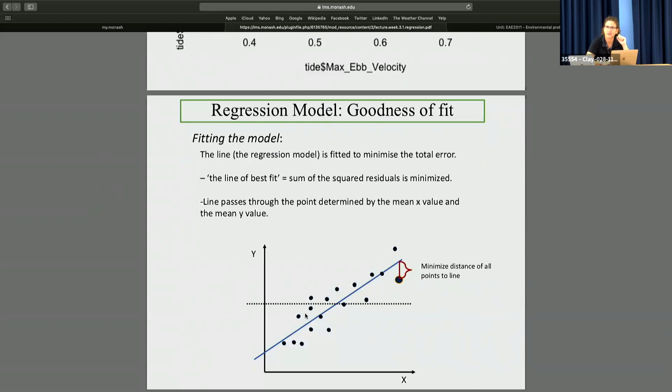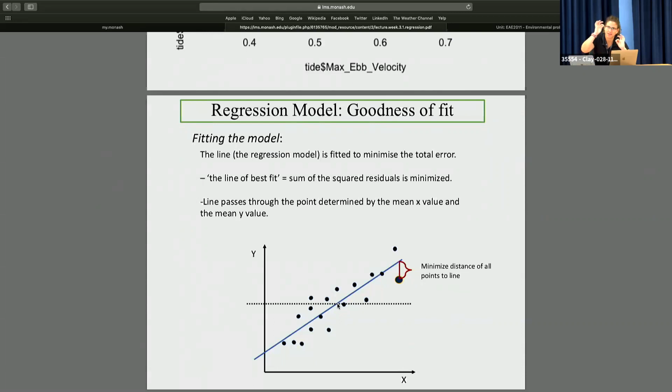So first of all, I have a point that the line has to cross through, and that point is the mean x and the mean y. From all these values, I can take all the ebb velocities, all the flood velocities, and the mean of each one makes this new point. This point here, and the blue line, my model, has to fit through that point.